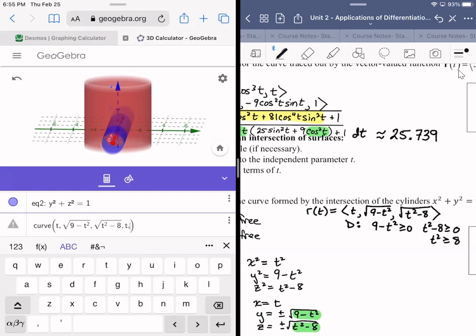So more than 2 radical 2 or less than negative 2 radical 2. Now in this case, I'm looking at negative t squared greater than or equal to negative 9. Divide out the negative, t squared would be less than or equal to 9. So then t has to be between negative 3 and 3.